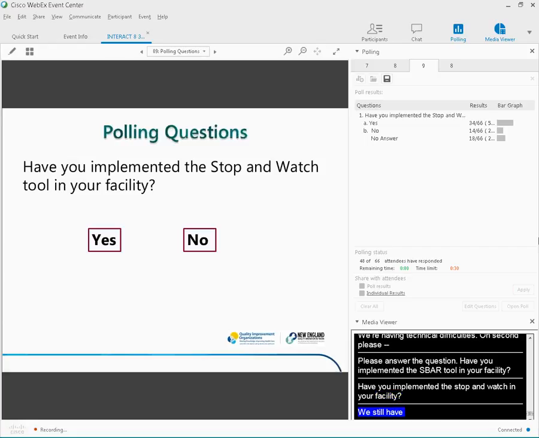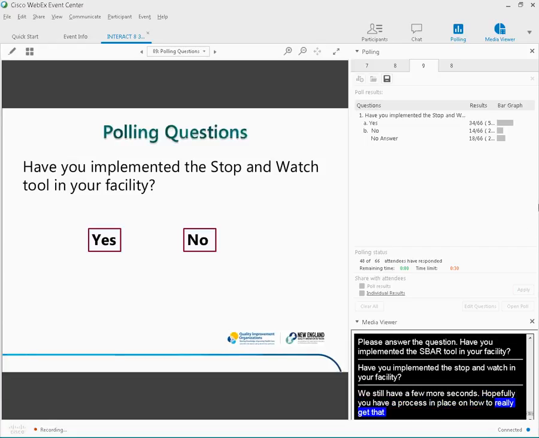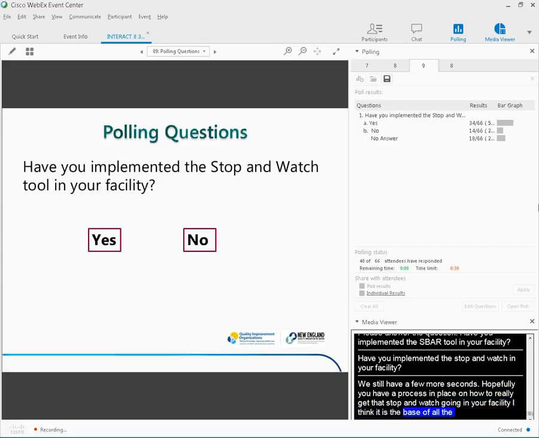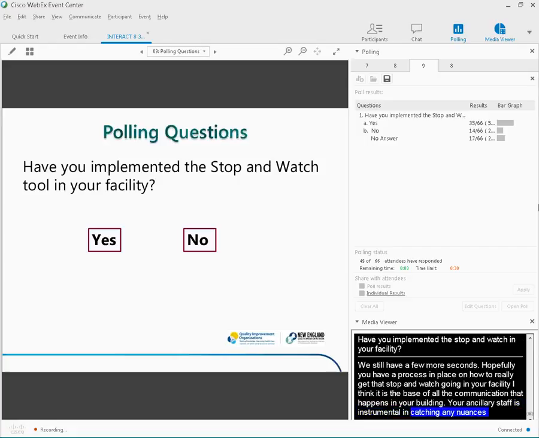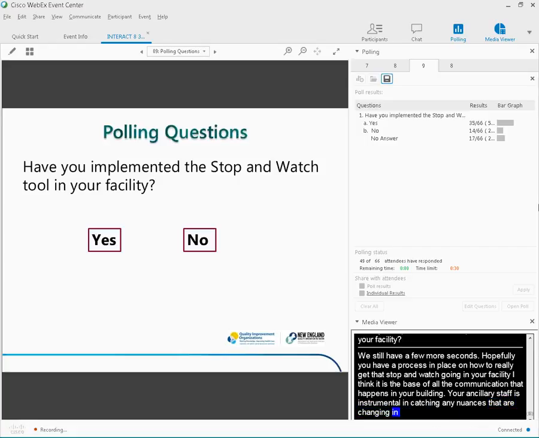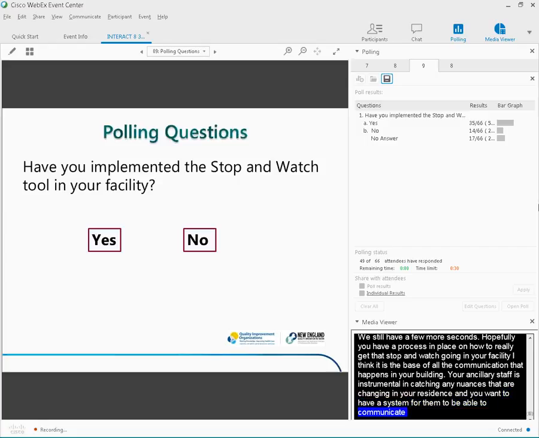And hopefully you do have a process in place on how to really get that stop and watch going in your facility. I think it's the base of all the communication that happens in your building. Your ancillary staff is very instrumental in catching any nuances that are changing in your resident. And you want to have a system for them to be able to communicate that and communicate that effectively to the nurses and your providers.